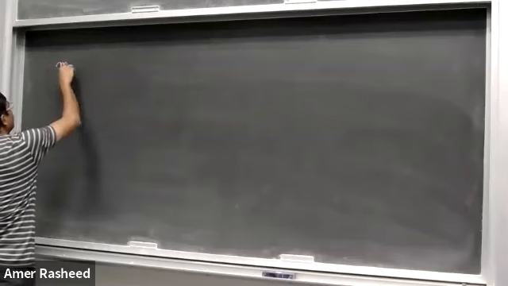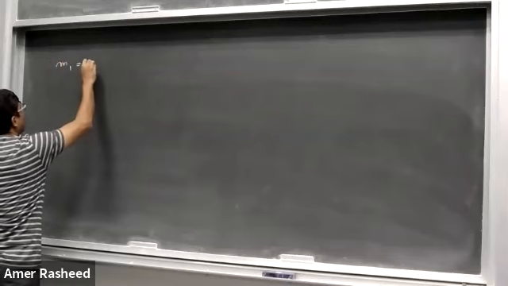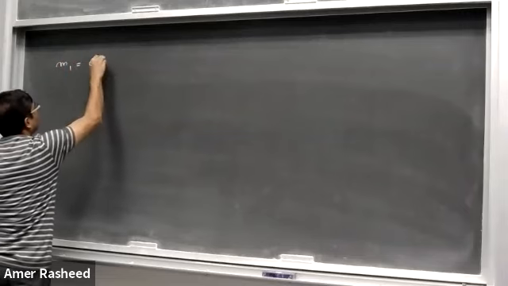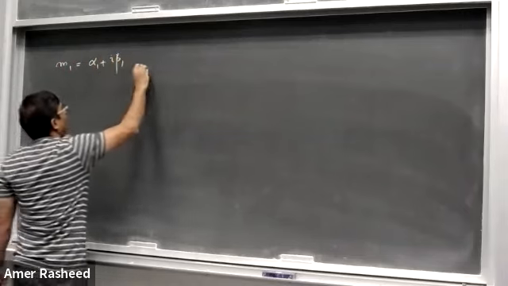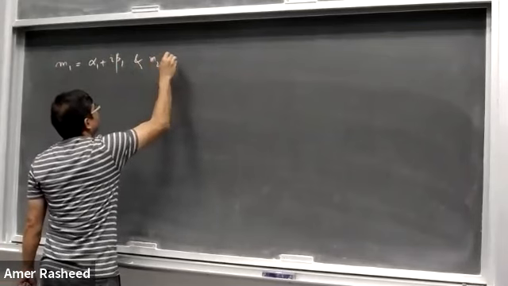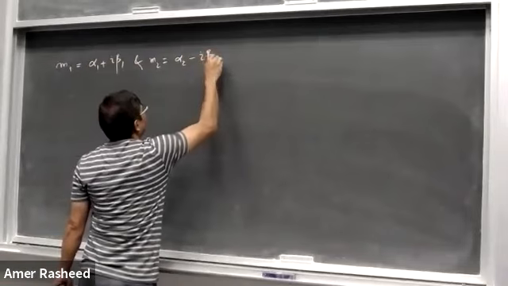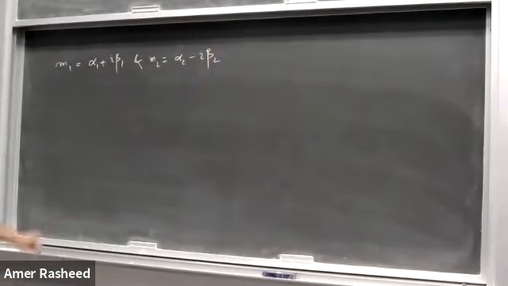So we assume that the polynomial equation has two roots, m1 is alpha 1 plus iota beta 1, and m2 is alpha 2 minus iota beta 2.